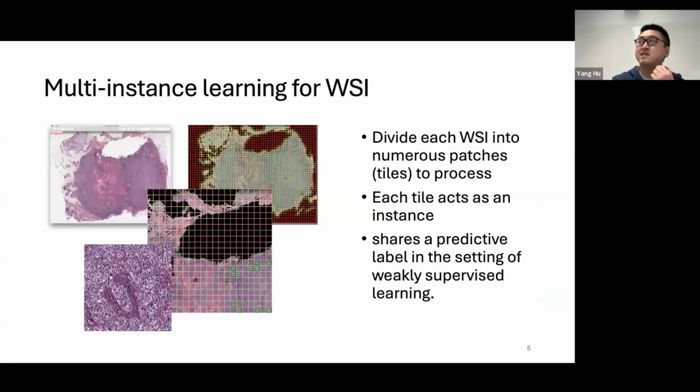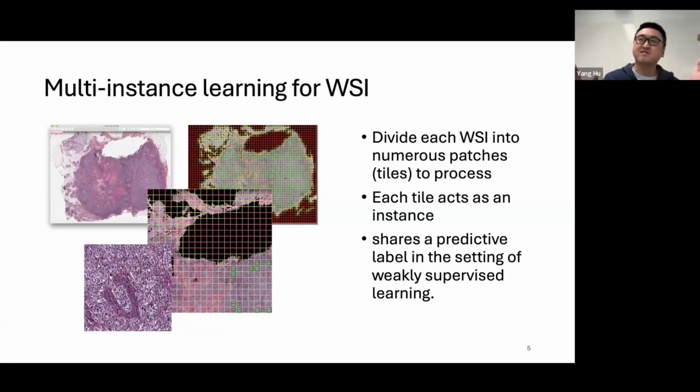Multi-instance learning, we know, is a very typical practice we use to deal with whole slide images, also because we don't have much resource to ask pathologists to help us label and annotate every detailed pixel. Maybe you have that resource. I have already seen a lot of work from TIA.